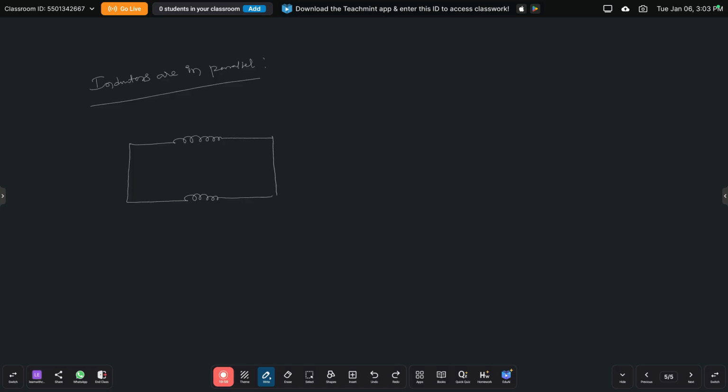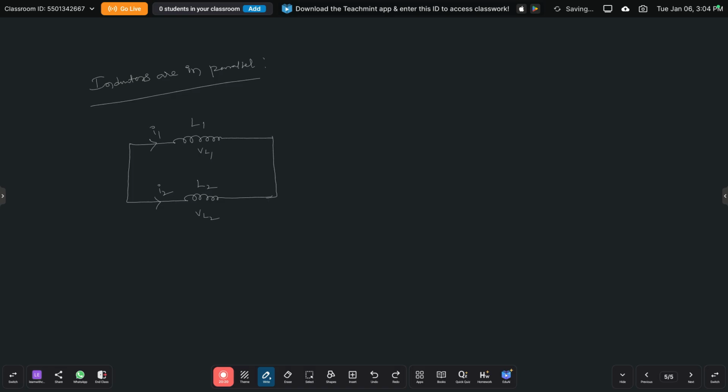These two inductors are connected in parallel. Inductor 1 is L1 and inductor 2 is L2. The current flowing through inductor 1 is I1 and the current flowing through inductor 2 is I2. The voltage drop across inductor 1 is VL1 and the voltage drop across inductor 2 is VL2.